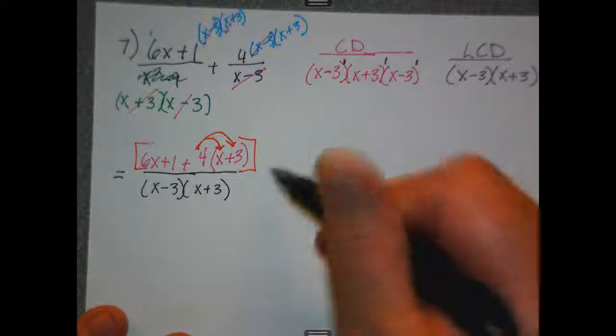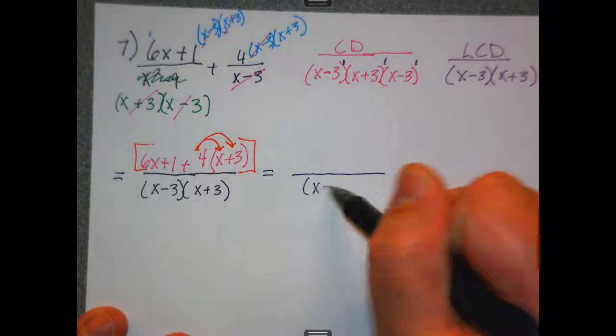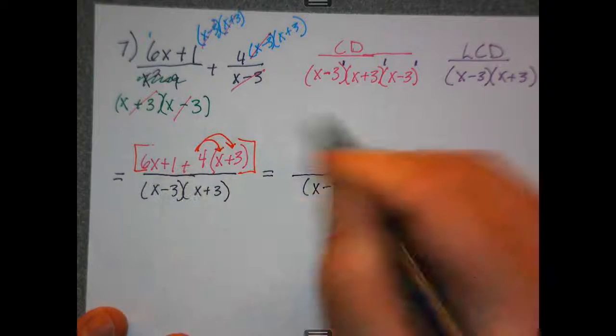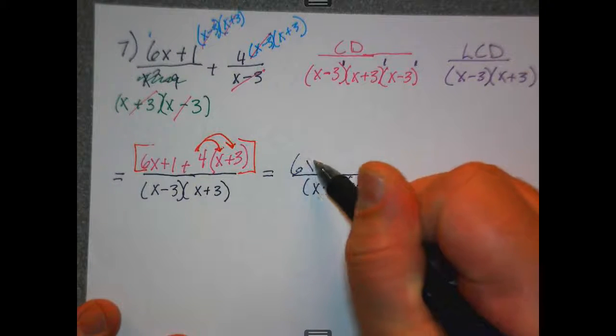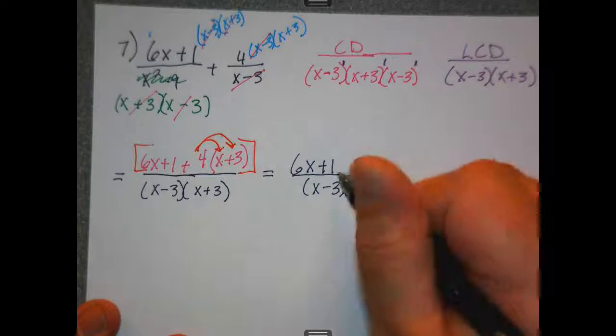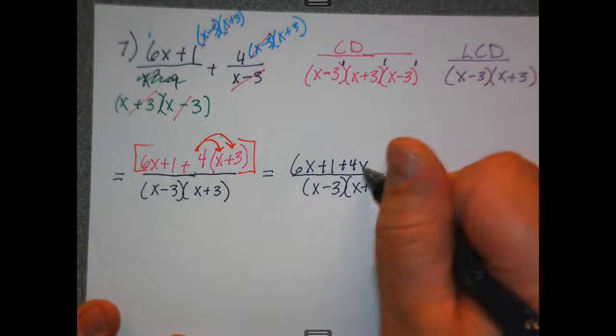I'm going to write out the steps though. I have 6x plus 1, plus 4x, plus 12.